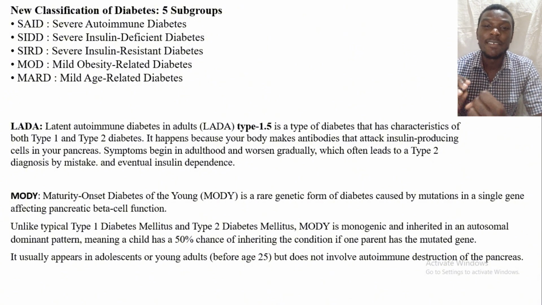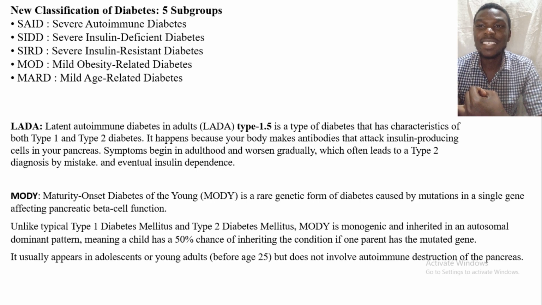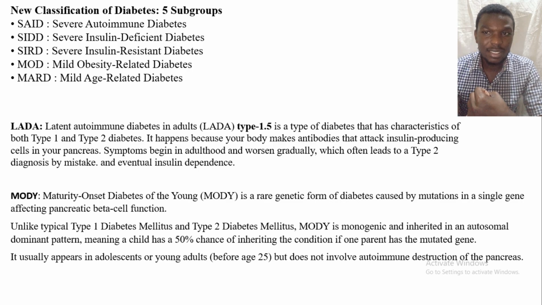Okay, so the first group in this subgroup is severe autoimmune diabetes. The second one is severe insulin deficient diabetes. Third one is severe insulin resistance diabetes. Then you have got a mild obesity related diabetes.